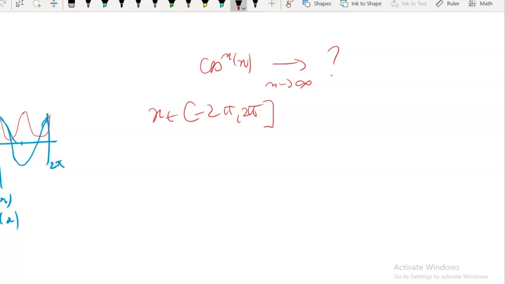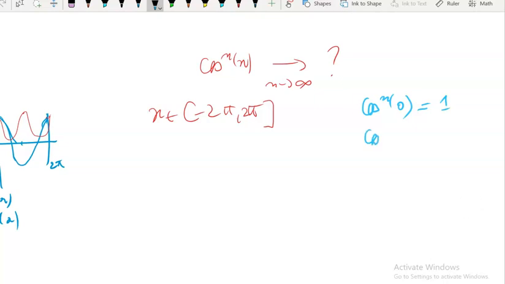Okay, so assuming you have been pausing your video, it's still time to do it if you haven't. Let's try to understand. Well, maybe let's take one value, cosine at 0. Cosine at 0 is equal to 1. So whatever the value of n, it's equal to 1.